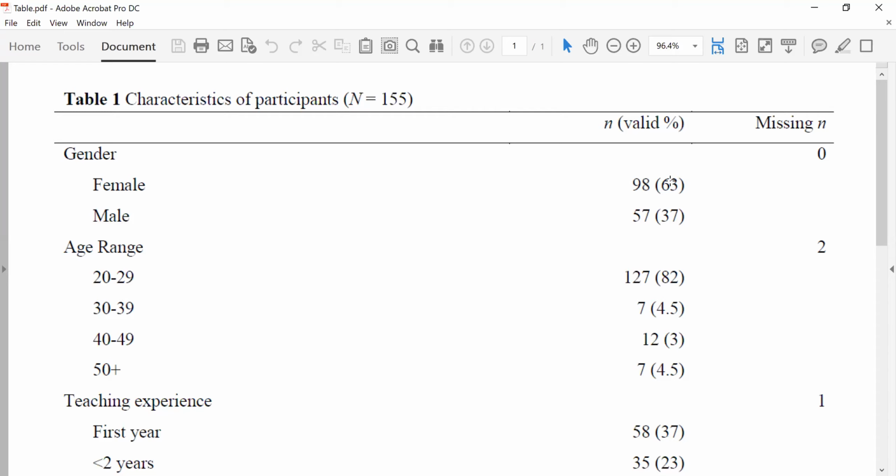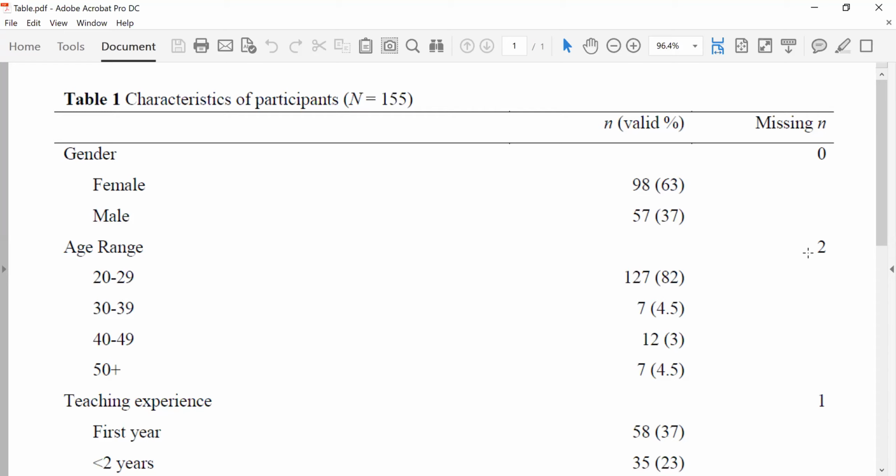This is the way I reported it, and then if any cases were missing. So because no cases were missing, these 2 N's should add up to 155. Because these are valid percents, not percents out of 155, they should add up to 100%.